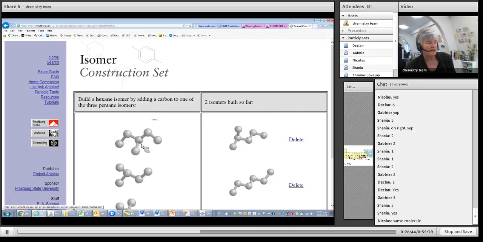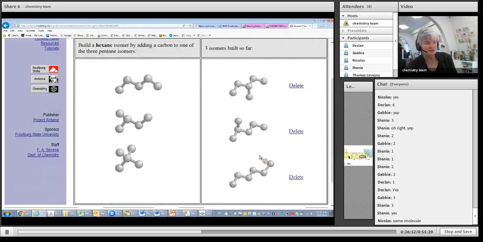But if I add over here, can you see that's 3-methyl butane? It's different to what the others are. So do you notice how by naming it, it's very clear whether I've drawn a different isomer or not? So hexane, 2-methyl pentane, 3-methyl pentane.